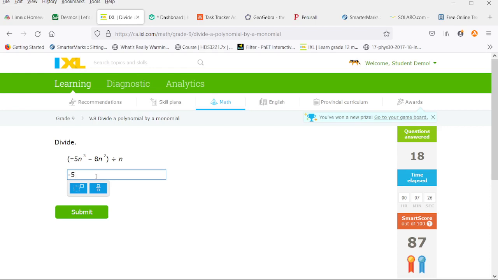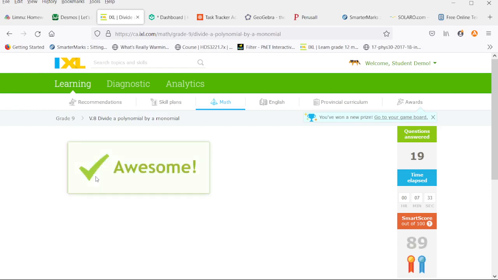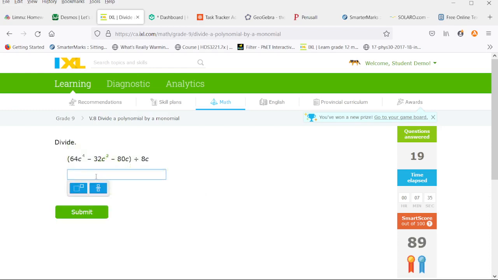Now we have a negative 5n squared minus 8n. Dividing this by both 8 and c, so that's 8c cubed minus 4c minus 10.